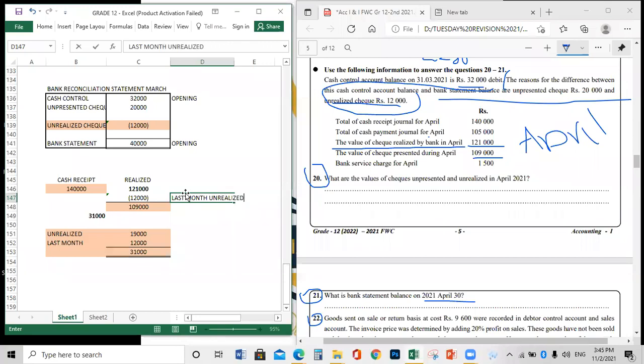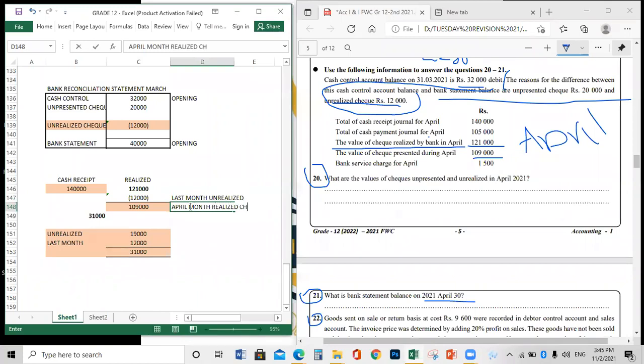Guys, you don't think they want it tested like this? I have seen so many questions nowadays in bank reconciliation, they make it difficult by giving it like this. If you don't know this adjustment, you will lose all your marks. So this is last month unrealized check. After you deduct it, you will get the April month realized check.